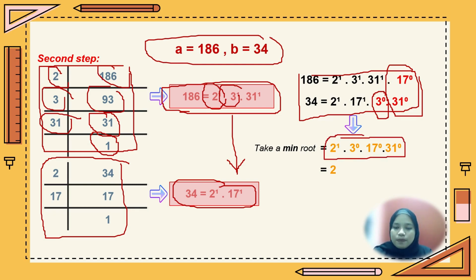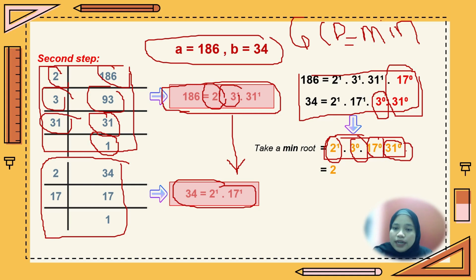After we list, we can conclude the min root, because for GCD it is important that we choose the min root. So what is the min root for all of these? 2 power of 1, 3 power of 0, 17 power of 0, and 31 power of 0.